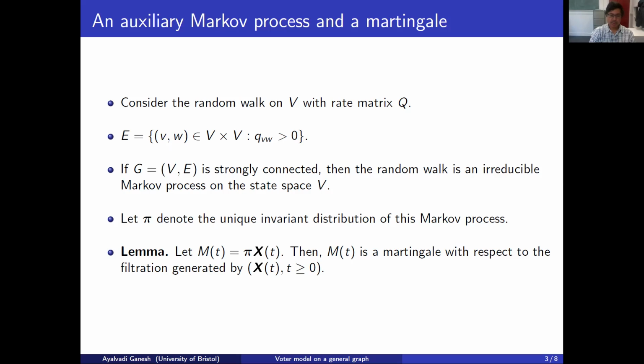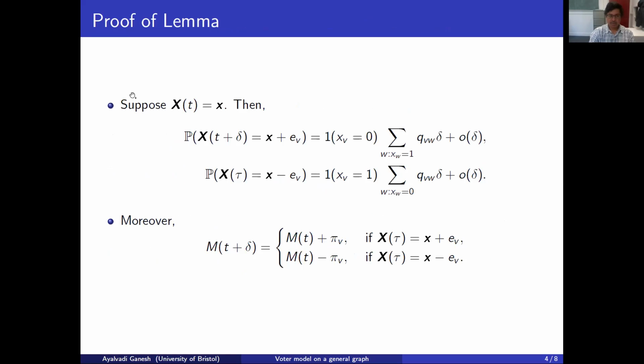Okay, so let's do that calculation now. Let's suppose that the Markov process boldface x, the configuration of the voter model at time t, is little x, again boldface. So this is a 0, 1 vector indexed by v. Then what are the possible choices at time t plus delta?